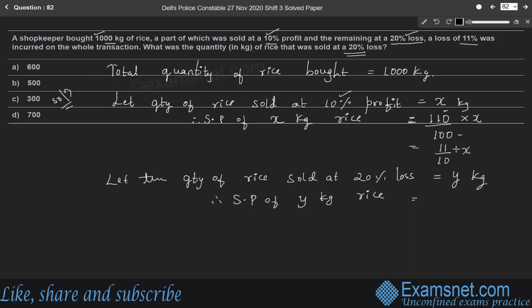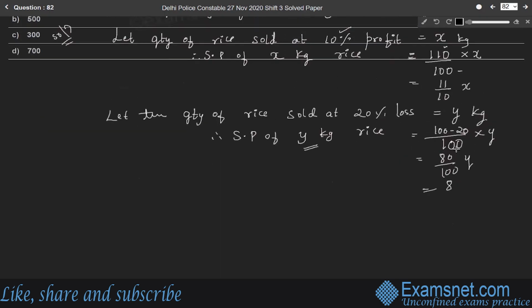This amount was sold at a loss of 20%, so for 100 kg, the selling price was 80 rupees, that is 100 minus loss. For y kg of rice, the selling price becomes 80 by 100 into y, or 8 by 10y. Right? So consider this as 1, the second part as 2.